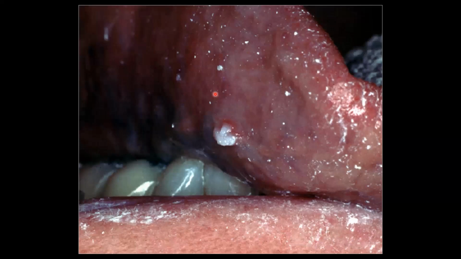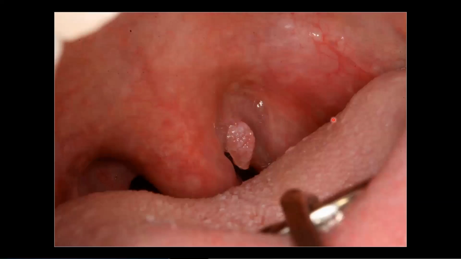Here is another one. Again, when you dry these, they have little separate fingertips to them, and they can occur anywhere in the oral cavity. You'll see them on the tongue, the ventral surface, the cheek, the palate, soft palate. So pretty much anywhere.